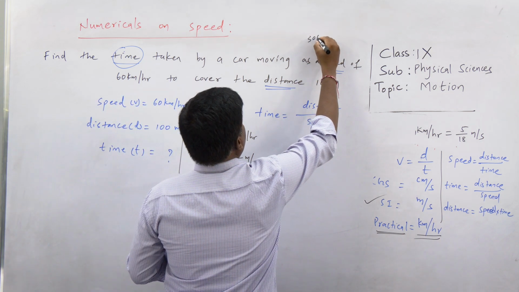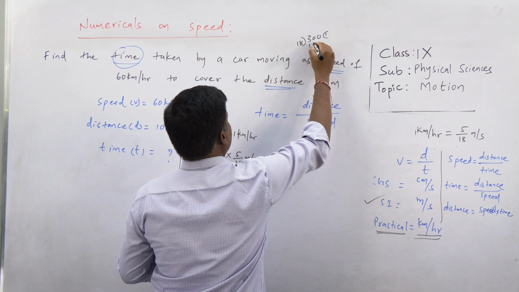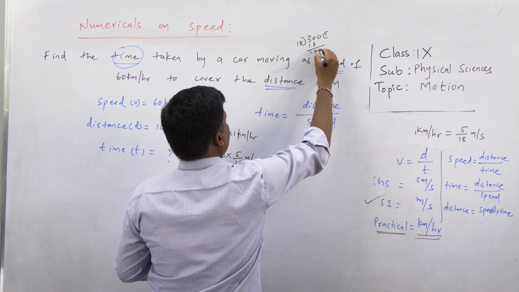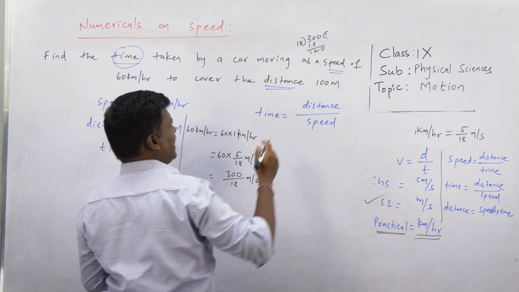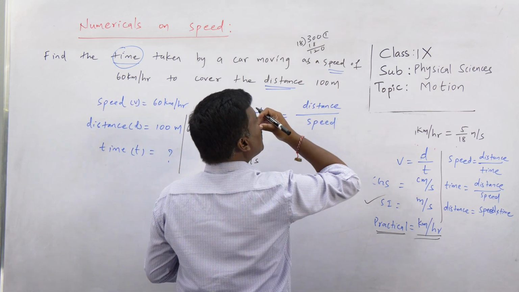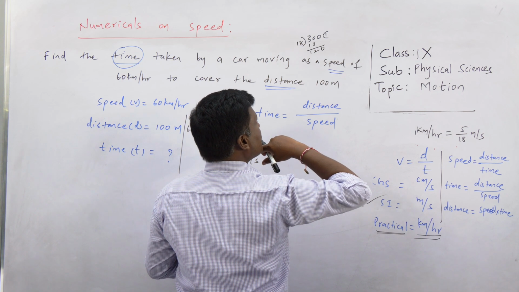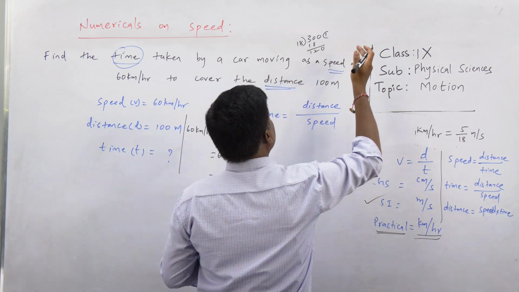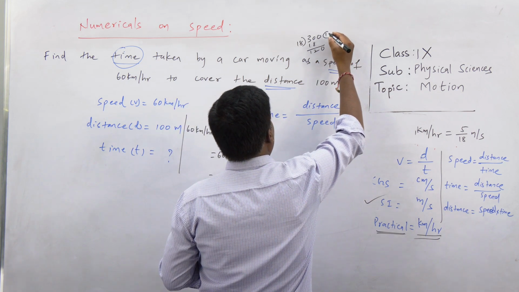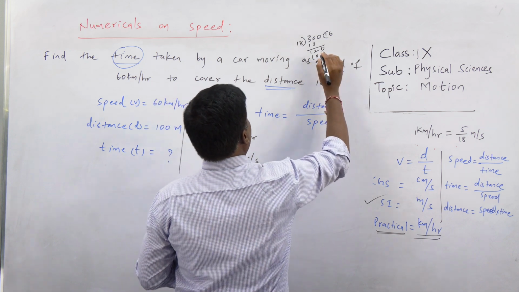If you do 300 divided by 18, 18 twos are 36, but 18 ones are 18. So the remaining 12, 120. In the 18 table, 18 fives are 90, 18 sevens are 126, 18 sixes are 108.